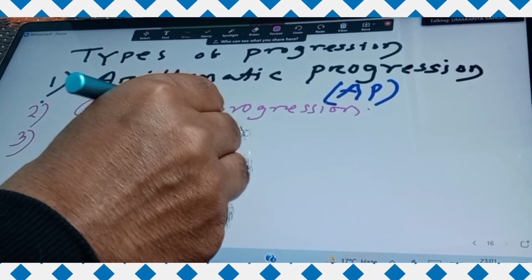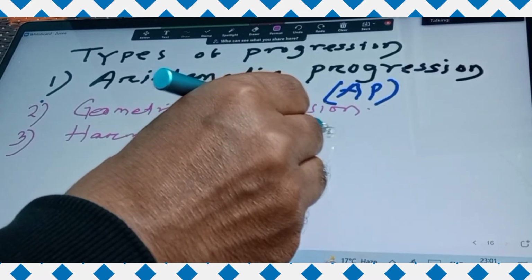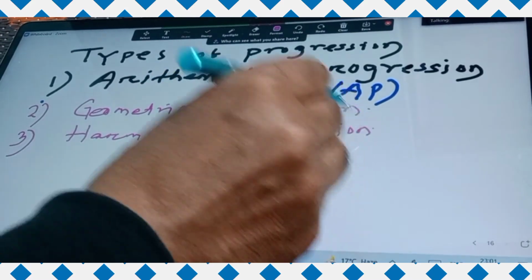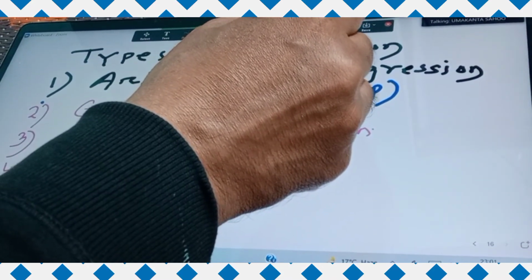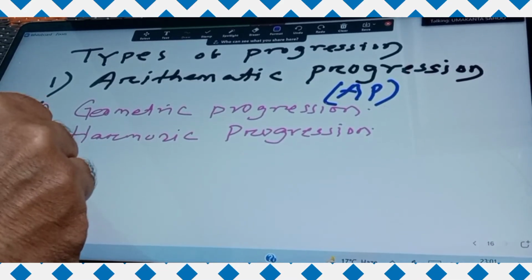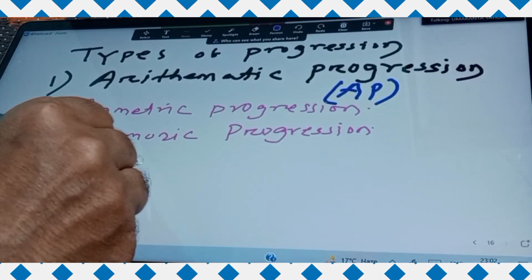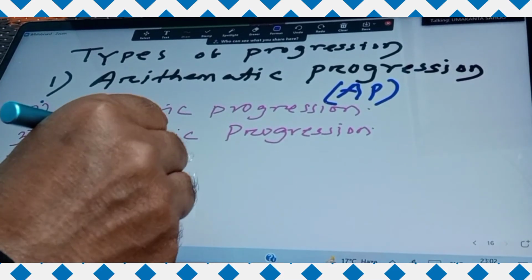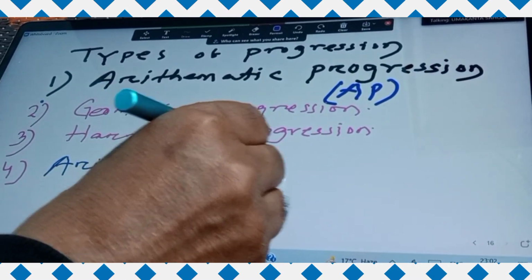And by combining the arithmetic and geometric progression we shall get another progression known as arithmetico-geometric progression.